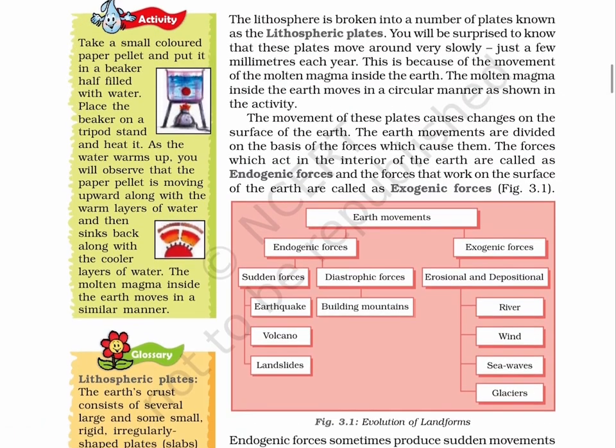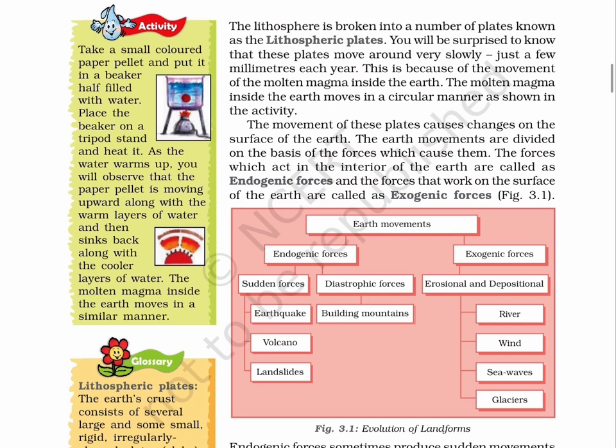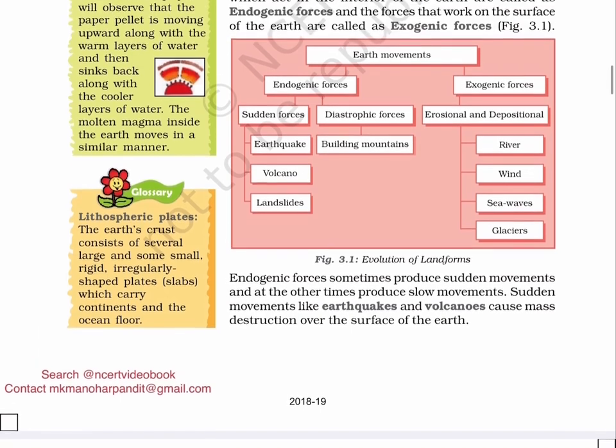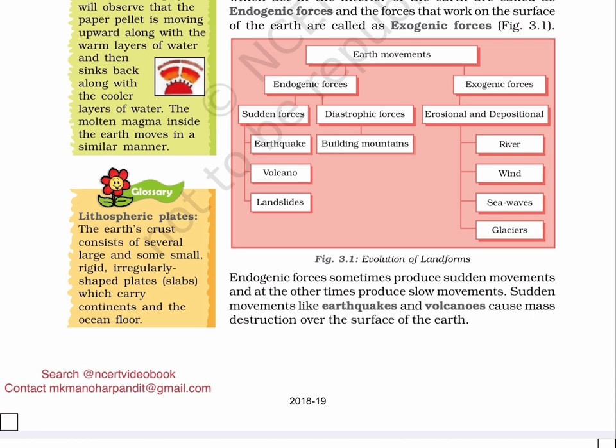The other tiny picture represents the movement of the molten magma inside the Earth. We also have a glossary section on the left side of the page. Lithospheric plates. The Earth's crust consists of several large and some small, rigid, irregularly shaped plates or slabs which carry continents and the ocean floor.